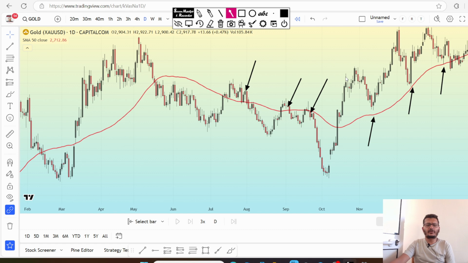So if you use the moving average like this with your other setup, the setup which you make yourself, or you just copy from others, that does not matter, but you should be perfect in your setup. That means you should take the trade with your setup, but the moving average is very essential to put in your setup.